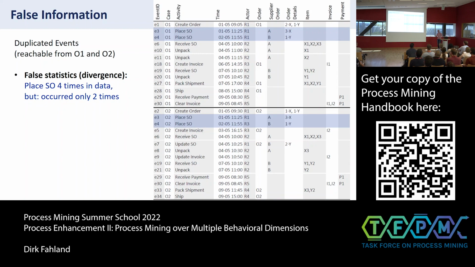So there are multiple events that are duplicated. Yeah. That is because here X3 is received, which is packed here into the shipment. So I decided to have it because I want to see that item X3 was received, and X1 and X2 are just properties of this.